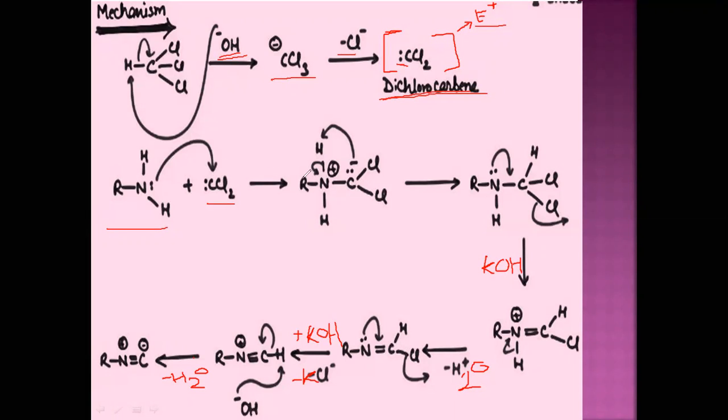What happens in this reaction? See, this nitrogen atom loses its lone pair and acquires a positive charge, and carbon acquires a negative charge with 2 chlorine atoms. Now this negatively charged carbon atom, and this is the hydrogen atom directly attached to nitrogen.